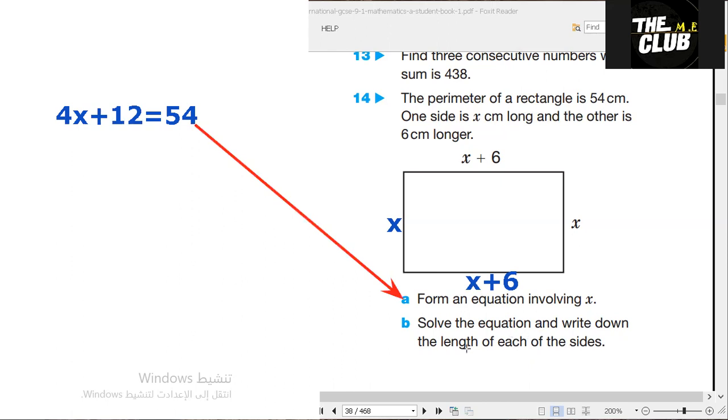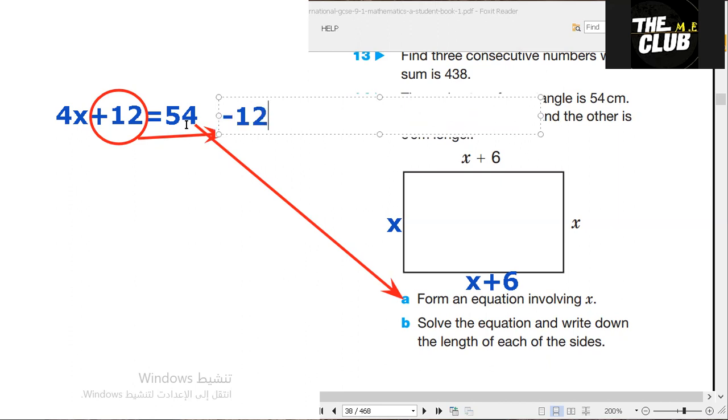This one is solving. So we're gonna solve this. To solve it, we take 12 to the other side, and it's gonna be minus 12 here. Then here plus 12, you'll find minus 12, and then we remove it from here.